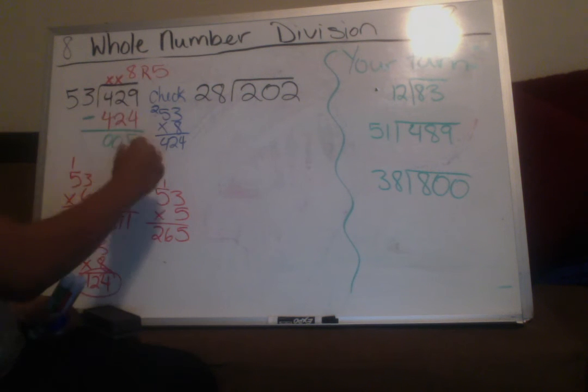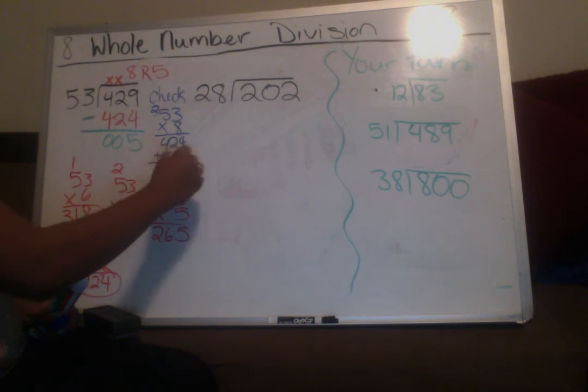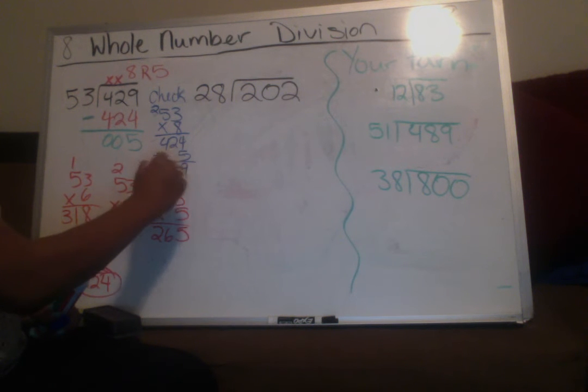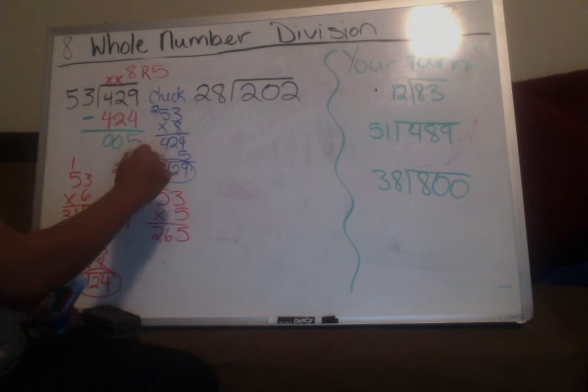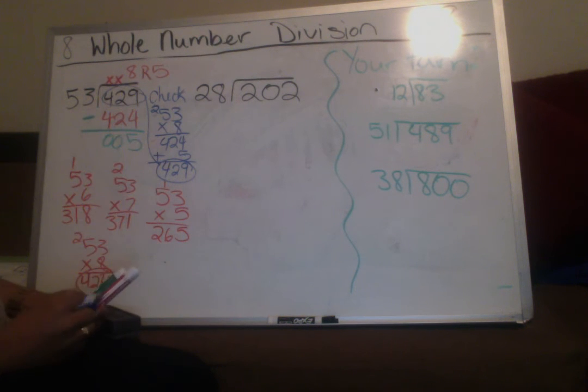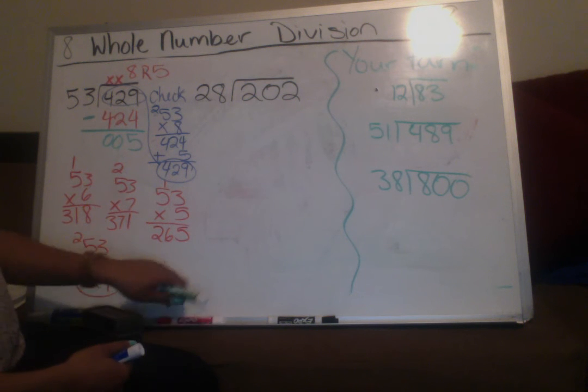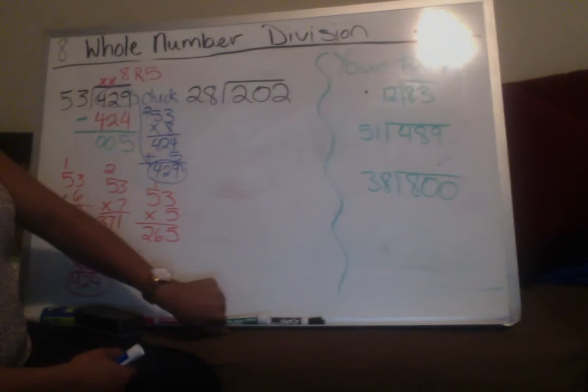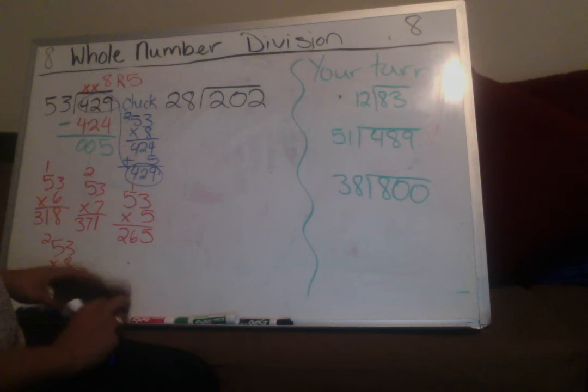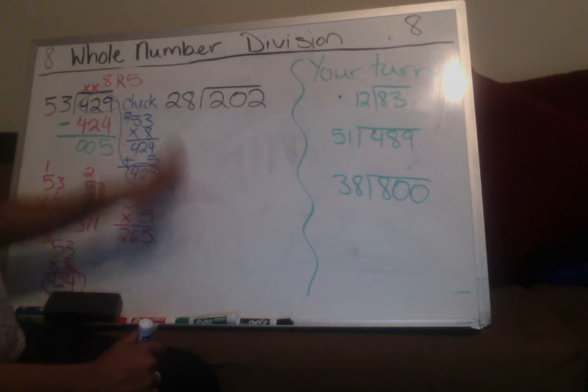Plus my remainder is 5. 4 plus 5 is 9. 2 plus nothing, 4 plus nothing. We look good. They match. Getting any easier? It should be. But if it's not, that's what I'm here for.